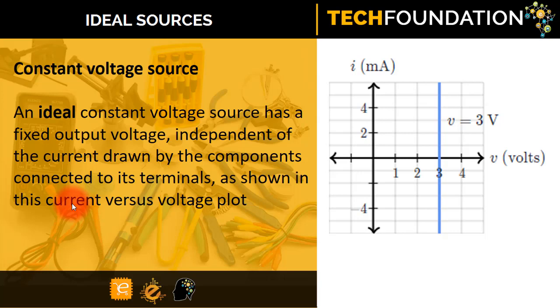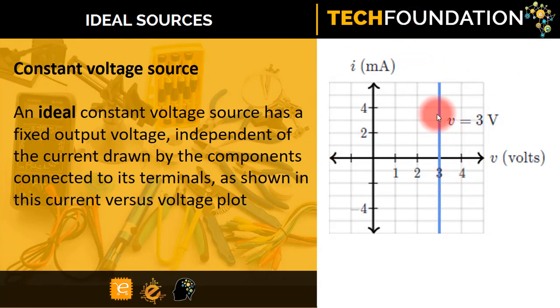Ideal voltage sources have a fixed output voltage irrespective of the amount of current drawn from it. Practically, this is not possible. However, we have a range where physical things can operate in ideality. So if we look at the IV characteristic curve here for this ideal voltage source, you realize that it is a vertical line.